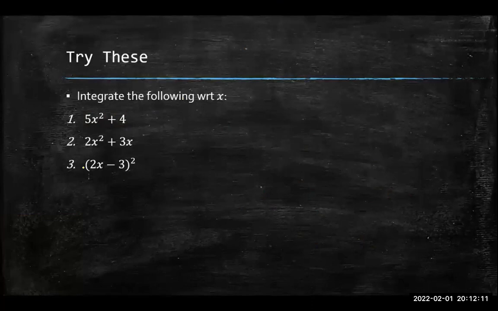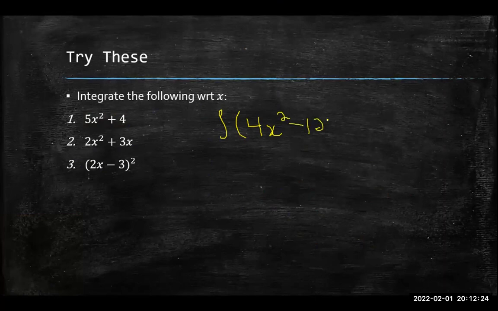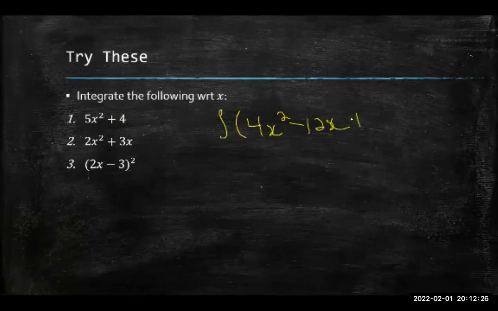So now that I expand these brackets and simplified, the new expression that I'm integrating is 4x squared minus 12x plus 9, in terms of x.